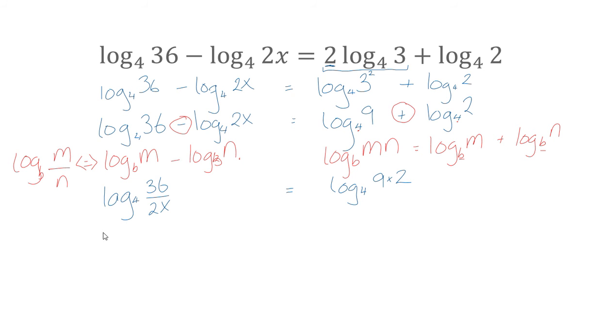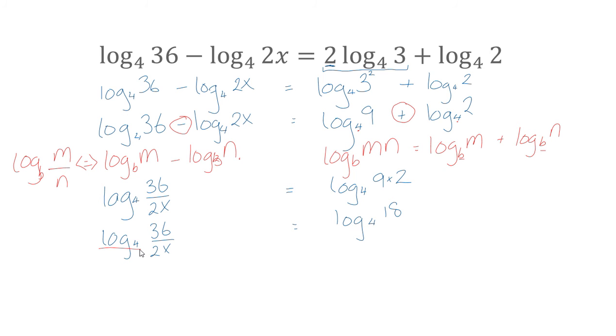So we now have the log of 36 over 2x to base 4 is equal to the log of 18 to base 4. And now we are just simply going to equate our bases. And this is what your students would have learned at the very beginning. It is the comparison.